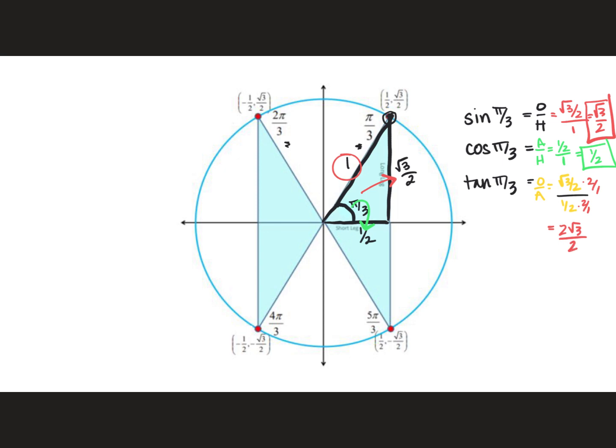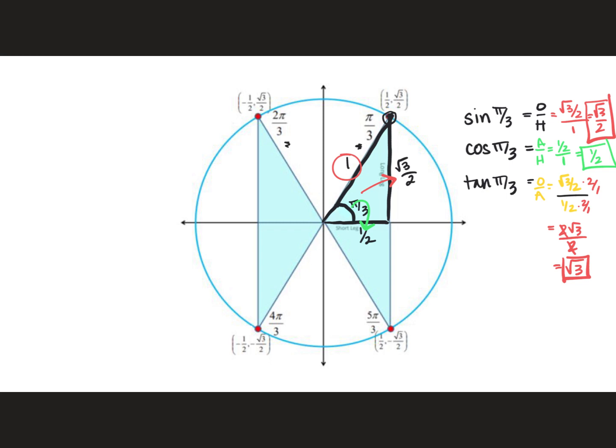Then the 2's cancel, and tan would be radical 3. Don't focus too much on the manipulation I did to get down to that radical 3. Really just concentrate on where I'm pulling the numbers, the opposite and the adjacent.